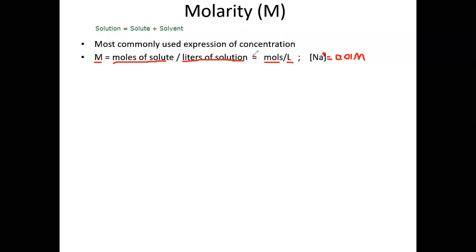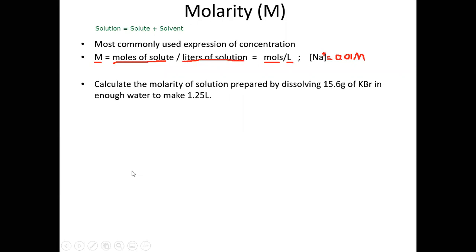This is a very powerful unit because it gives us an idea of the amount of solute in the solution. A common error is that students forget to convert the solution to liters if it's given in milliliters, because remember, it's moles of solute over liters of solution.